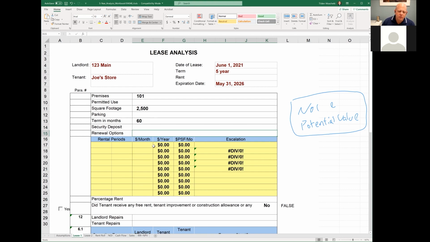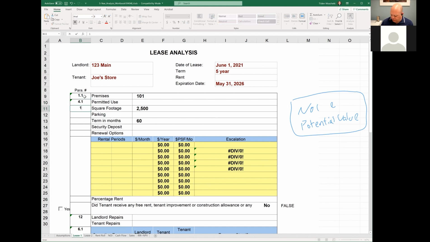You can put the security deposit and the renewal options. You want to fill this out completely when you're doing your full analysis anyway, because then you've at least got it in one very nice, easy to see area. And this section over here where we've got the paragraph number is for exactly where it is in the lease. So premises is often in paragraph 1.1. Permitted use is oftentimes in paragraph 4.1.